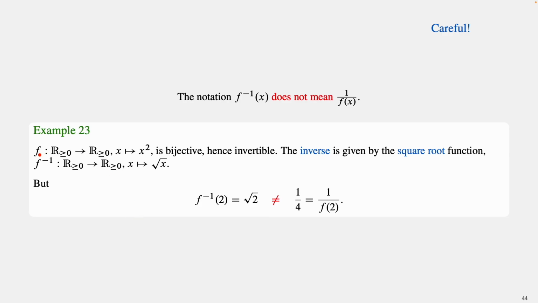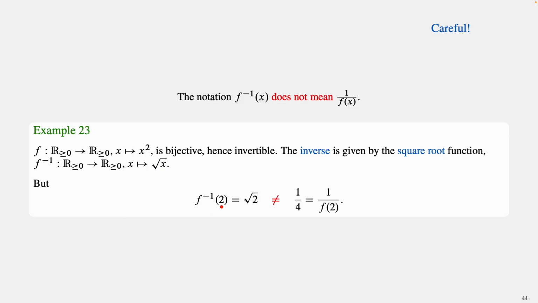So I look at the quadratic function from the non-negative reals into the non-negative reals. We already saw that this is bijective, and hence it is invertible. And the inverse map is given by the square root function, f to the minus 1 from the non-negative reals to the non-negative reals, mapping x to its square root.